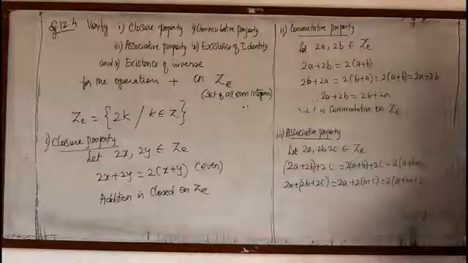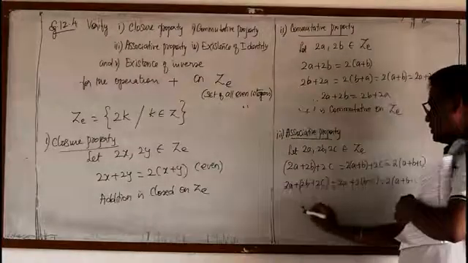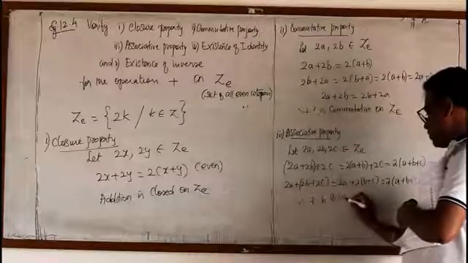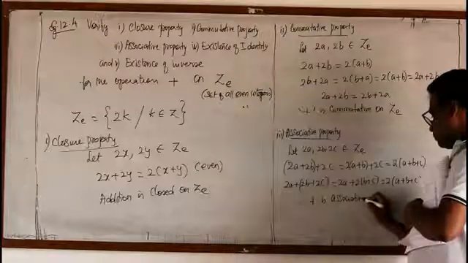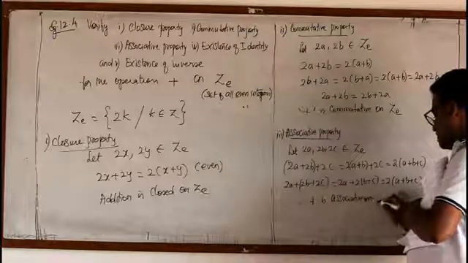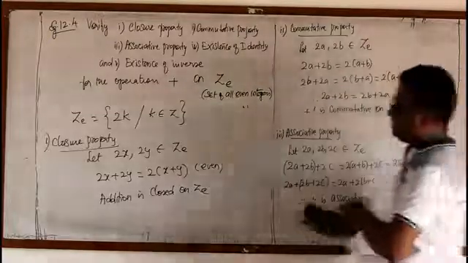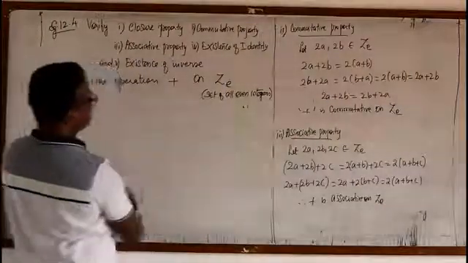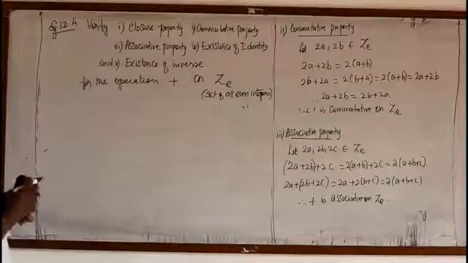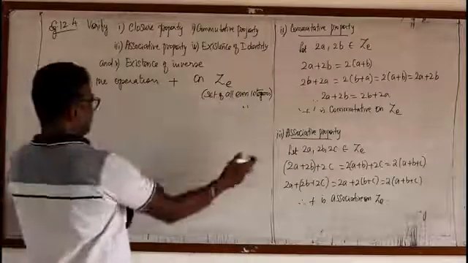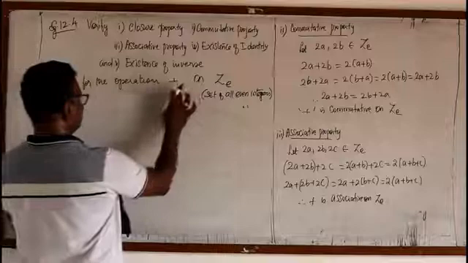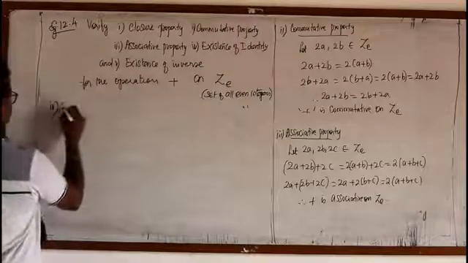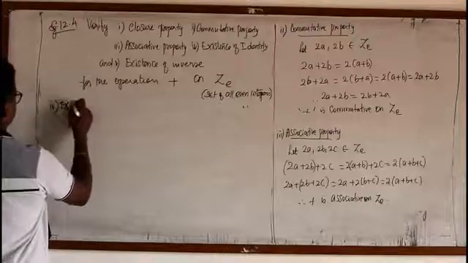See, both are equal. That means these two orders are equal. Therefore, addition is associative on ZE, the set of all even integers. So we proved it is closed, it is commutative, and the even integers also obey the associative property with respect to the binary operation plus. Now, we shall go for the next one, existence of identity.